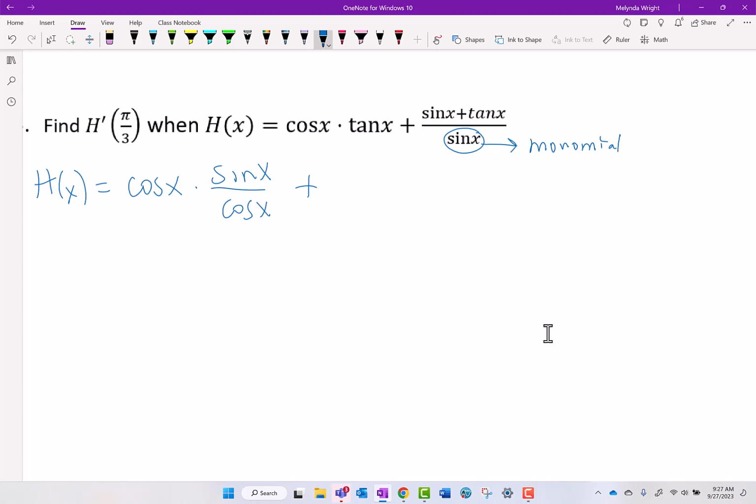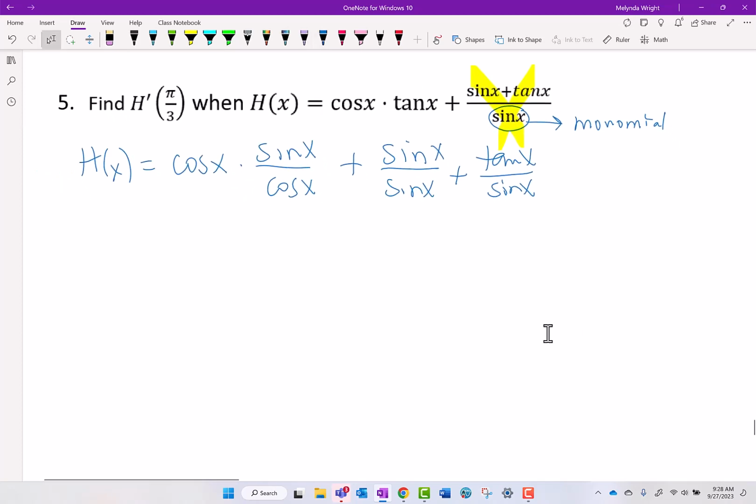If I have a monomial on the bottom, then I can split this fraction into two pieces, and I think that would help me. So I'm going to split it as sine x over sine x plus tangent x over sine x. I'm just in my rewriting mode. I haven't done anything yet.